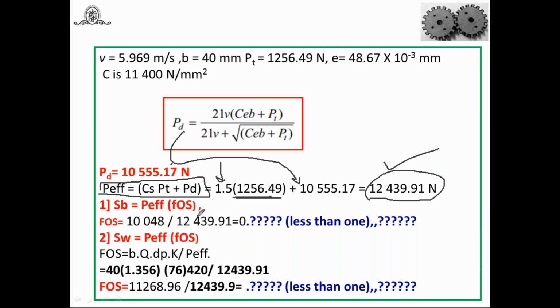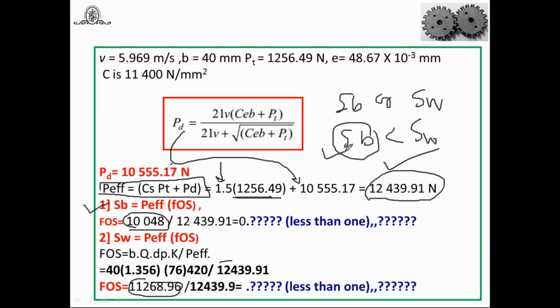You know very well here SB is less. This is the value of SB and this is the value of SW. So your design should be based on beam strength. After calculating this, you have to check whether SB or SW is greater. In this case, SB is less than SW. So your design should be for SW.